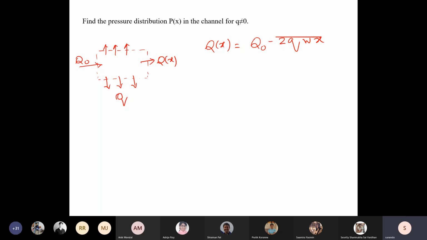Now the governing equation I have is dp/dx from the Navier-Stokes equation, as mu times the terms.